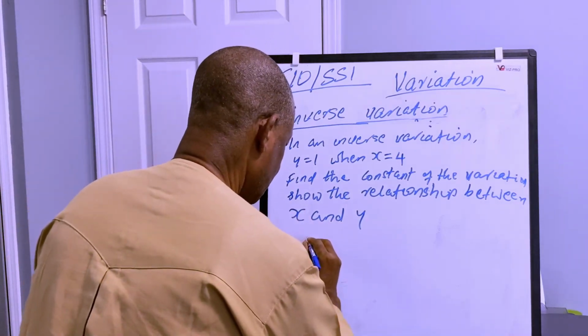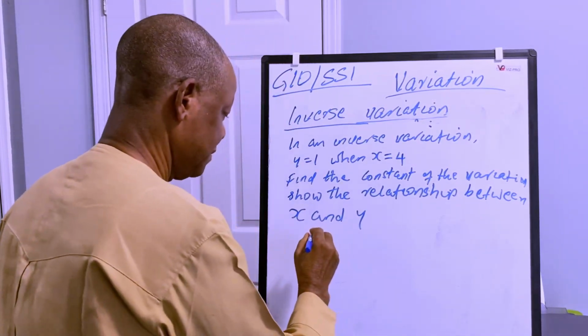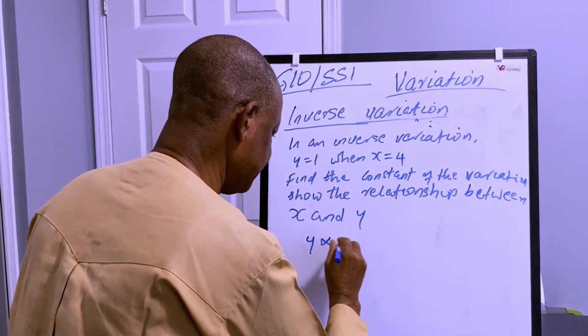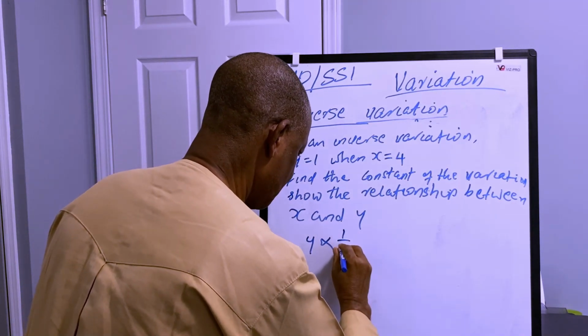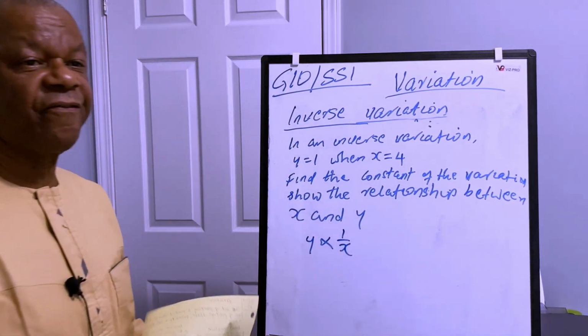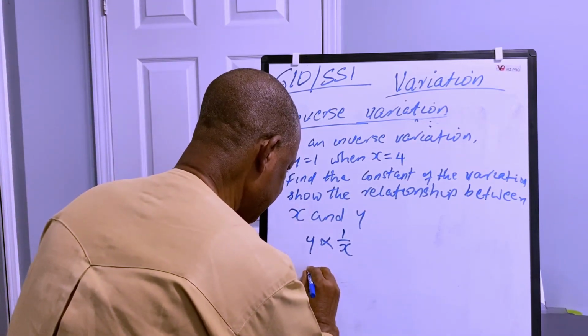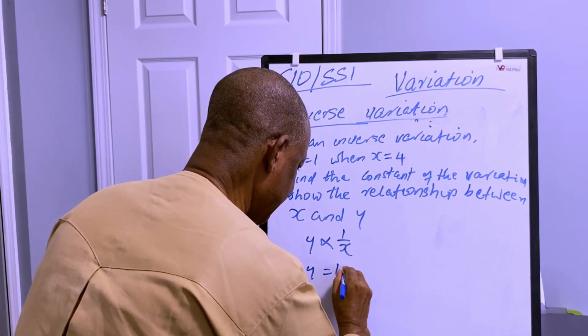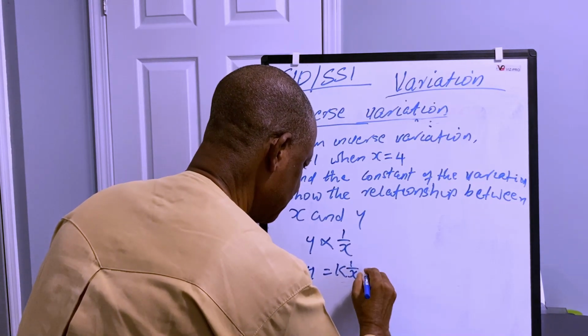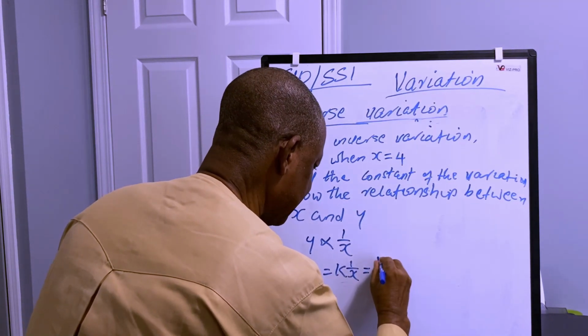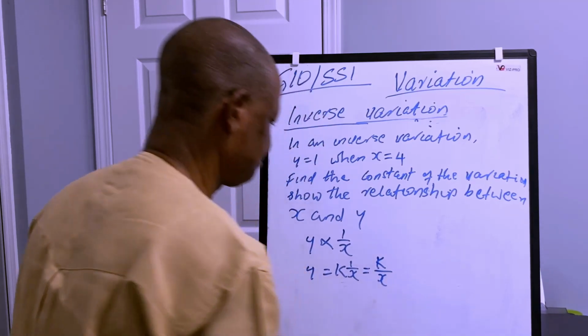So, y varies inversely as 1 over x. Inverse, which is y is equal to k times 1 over x, which is the same thing as k over x.